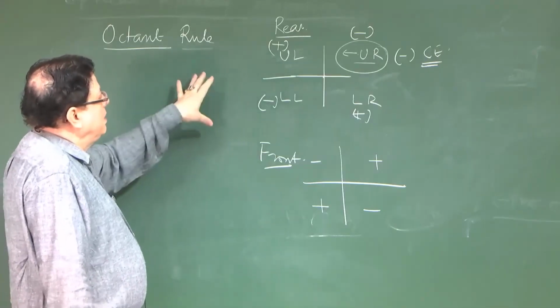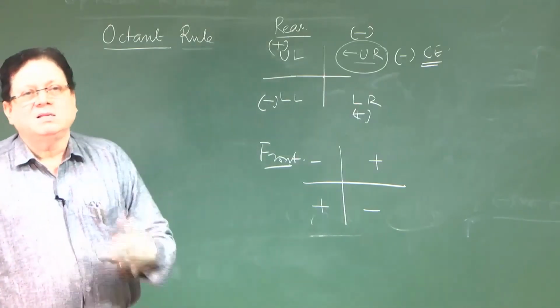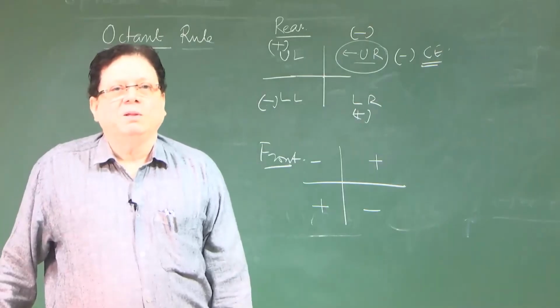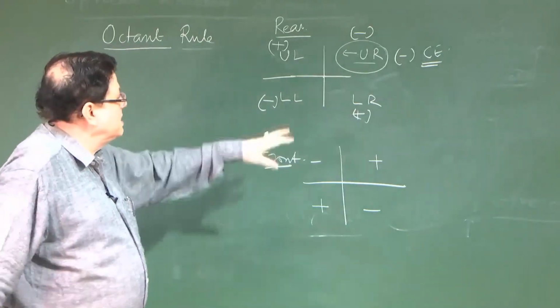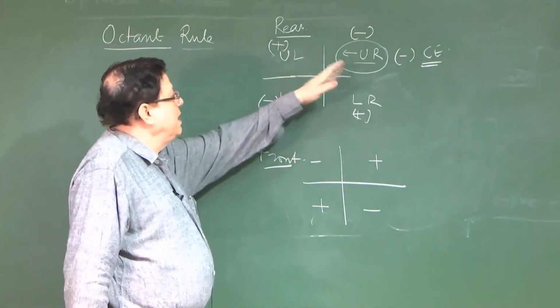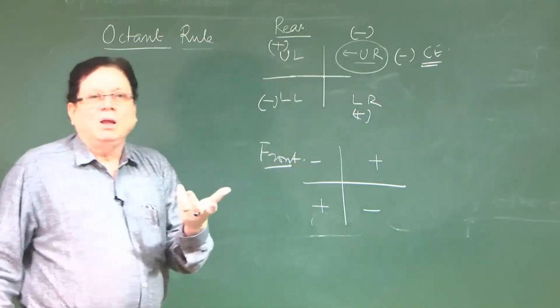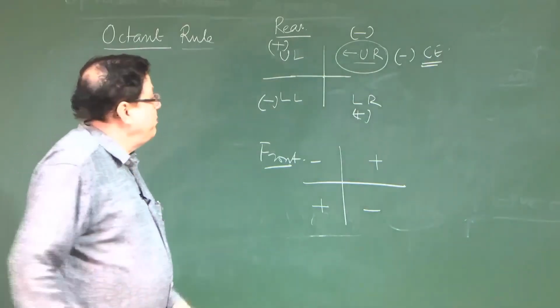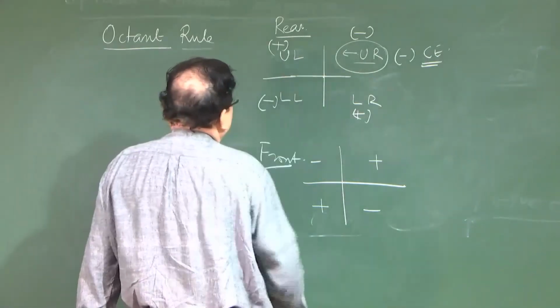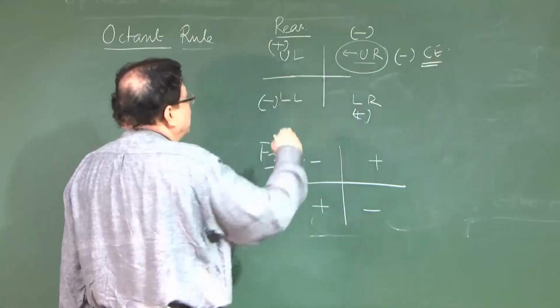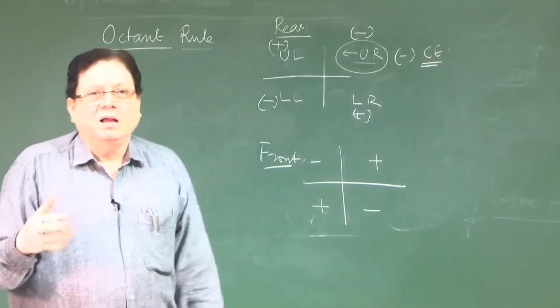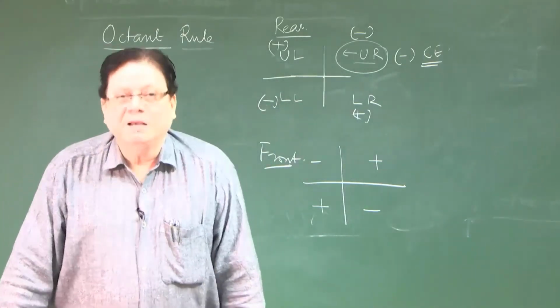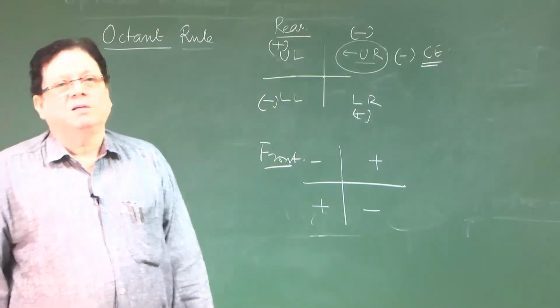Now, the question is, what will be the resultant sign of the Cotton effect? Because we know substituents contribute in a differential way depending on which space they are occupying. The ultimate sign of the Cotton effect will depend on which space is occupied by the greater number of substituents.